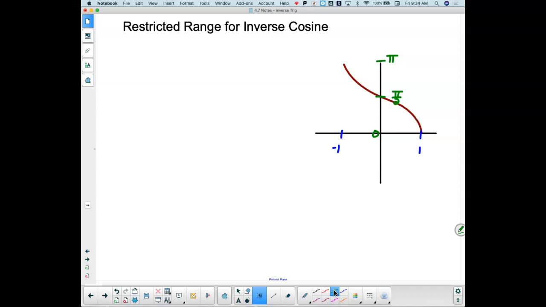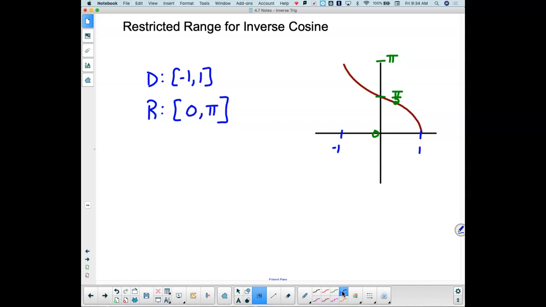Okay? So, my domain is still -1 to +1, hitting all those values, but my restricted range now goes from 0 to pi. Inverse cosine, or arc cosine if you will, finds angles, just like inverse sine and arc sine found angles yesterday.